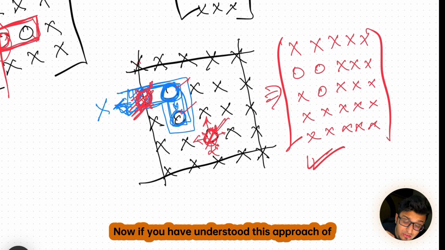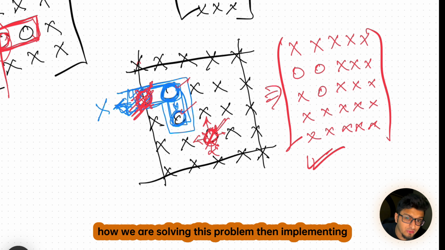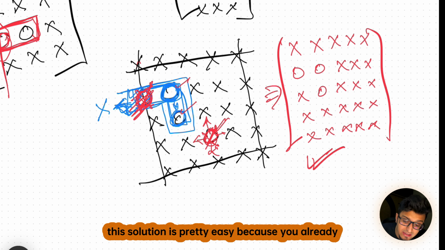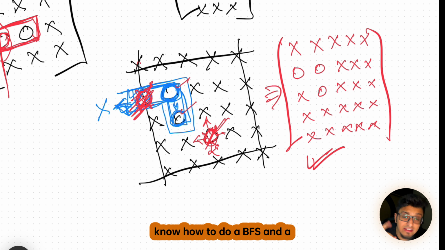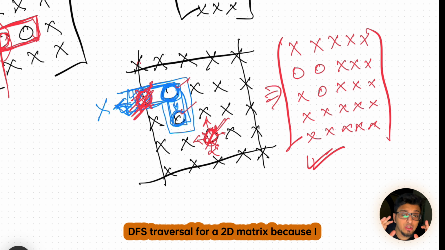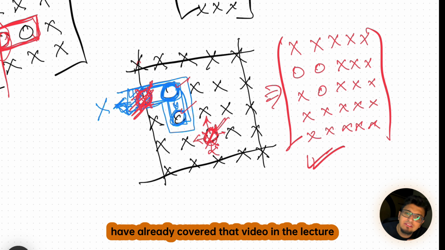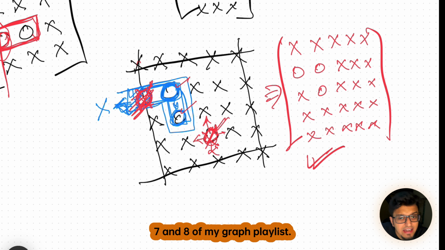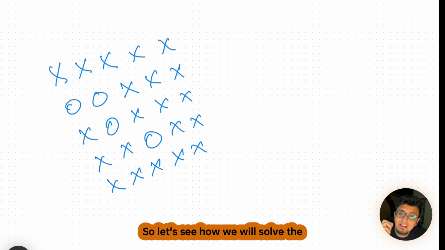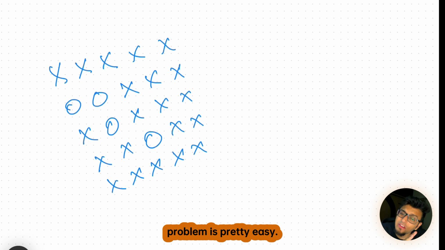Now if you have understood this approach of how we are solving this problem, then implementing this solution is pretty easy, because you already know how to do a BFS and a DFS traversal for a 2D matrix, because I have already covered that video in lecture 7 and 8 of my graph playlist. So let's see how we will solve the problem. The way we will be solving this problem is pretty easy.